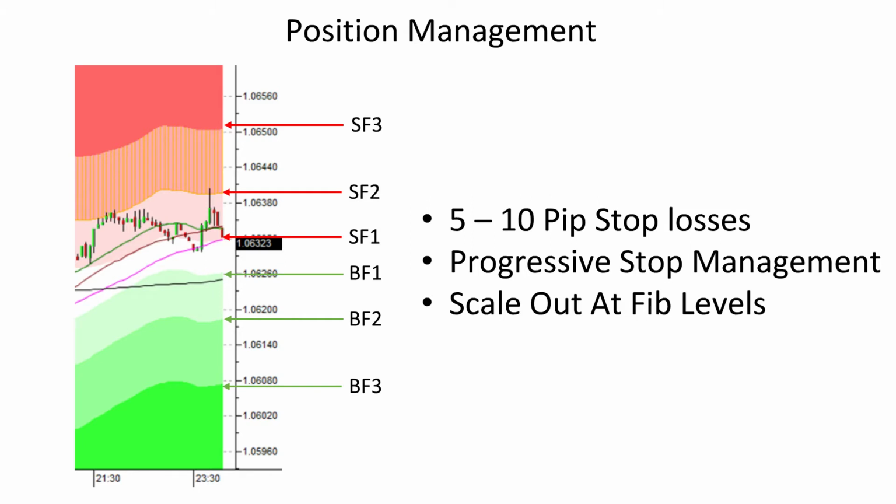So this strategy is a good segue leading into the matrix. It helps with understanding the matrix because basically you're getting very familiar with all of this information on just a 5-minute time frame.